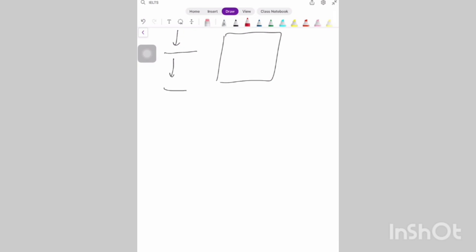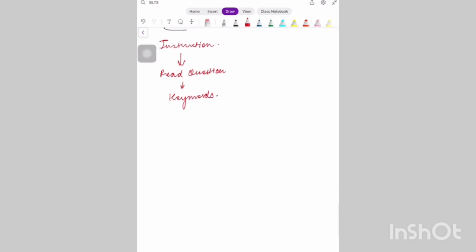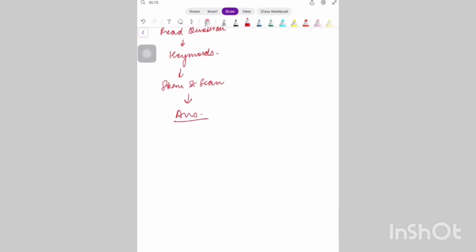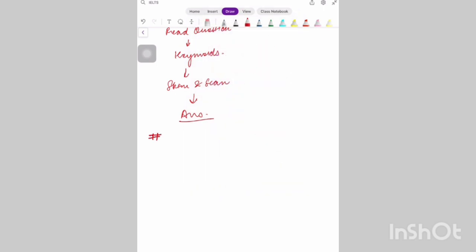Read the instructions carefully. Since it's a flowchart type question, let's write the strategy also in flowchart manner. Read the instruction carefully. Do not exceed the word limit. Read the question, and underline the keywords in the question. Skim and scan the passage for answers. A few tips: number one, these questions usually are in order of text.